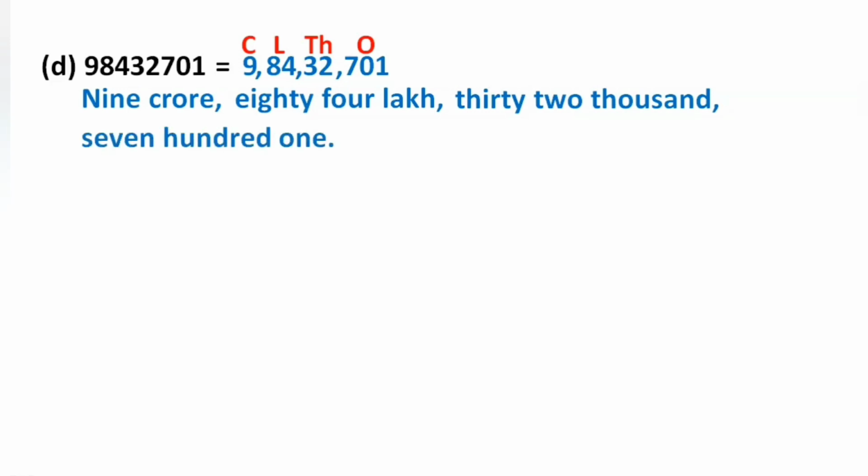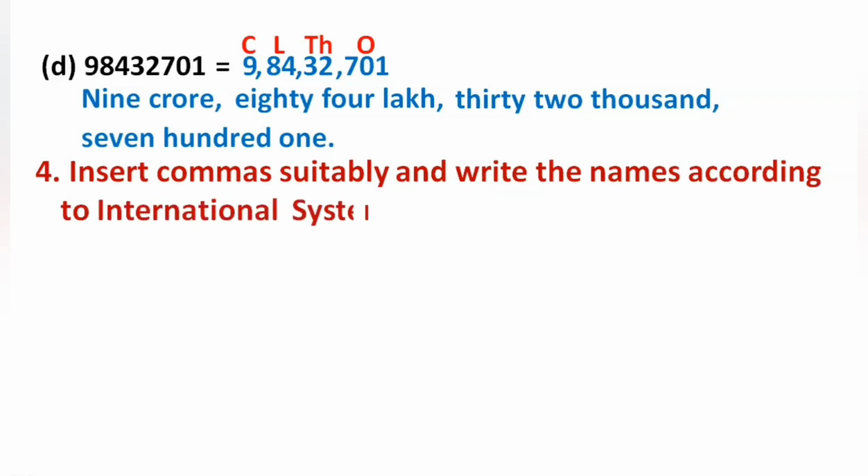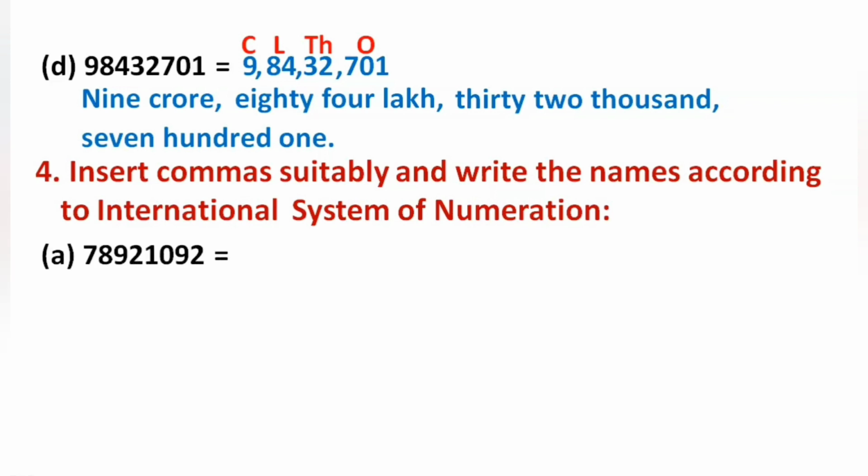Now coming to the next question, fourth question, that is insert commas suitably and write number names according to International System of Numeration. Okay, in this the first one is 7892109. Let us group these numbers according to International Place Value Chart. In this system, commas are to be placed after every 3 digits from the last, that is before 092 and before 921.